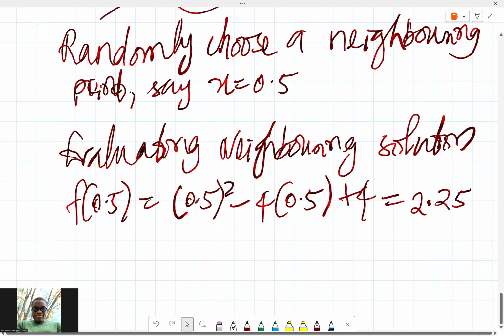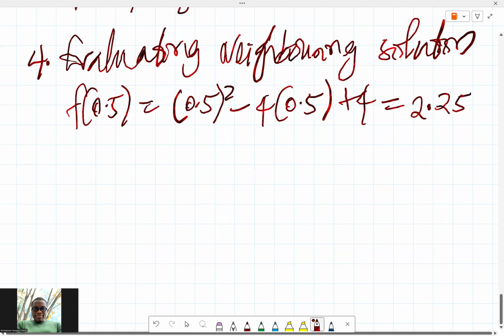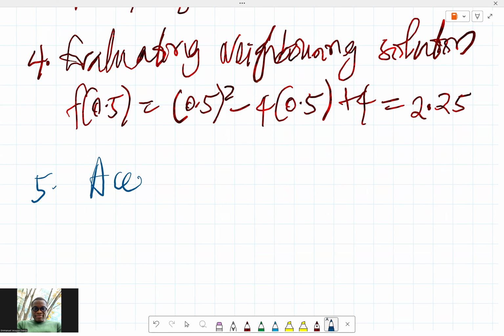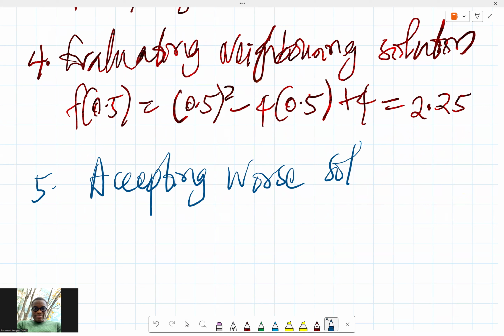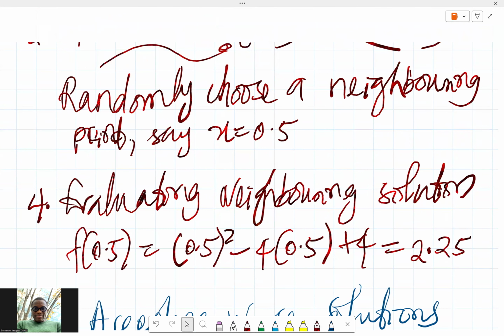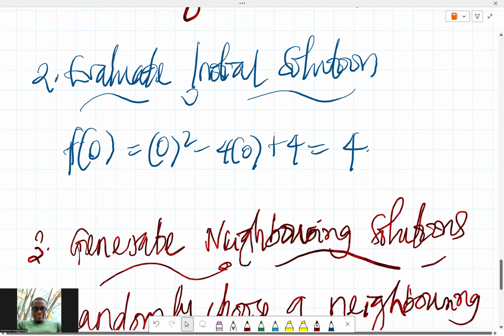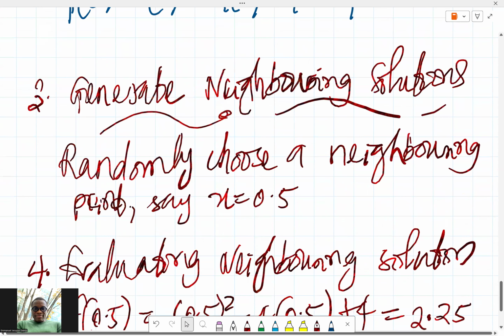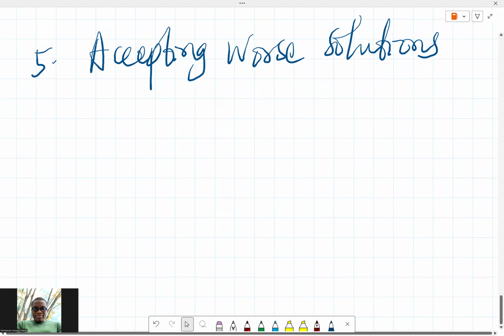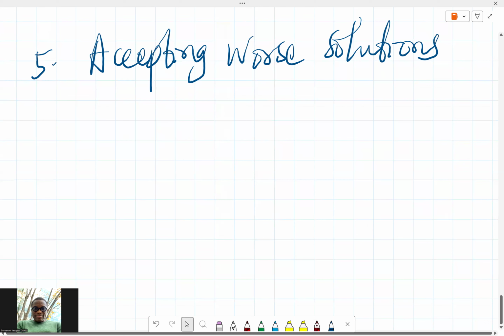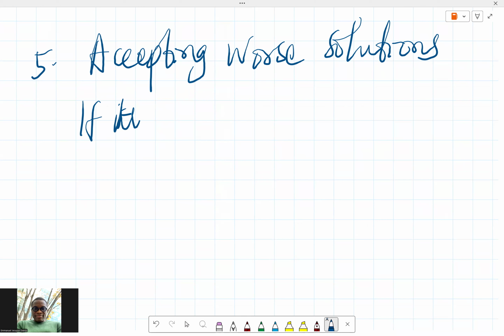So this is more like step 4, and step 5 now is accepting worse solutions. You can see what we got with 0 was 4, but with 0.5 it's 2.25, which is smaller. So we see the neighboring solution is better.